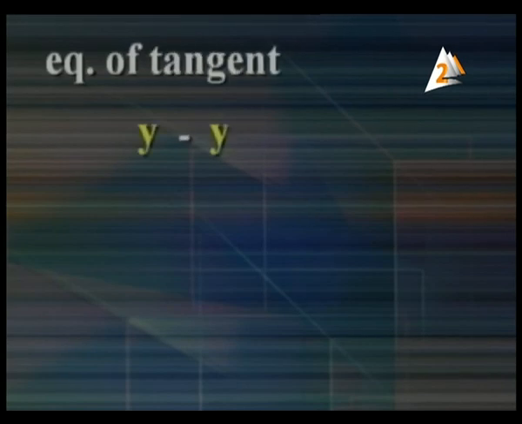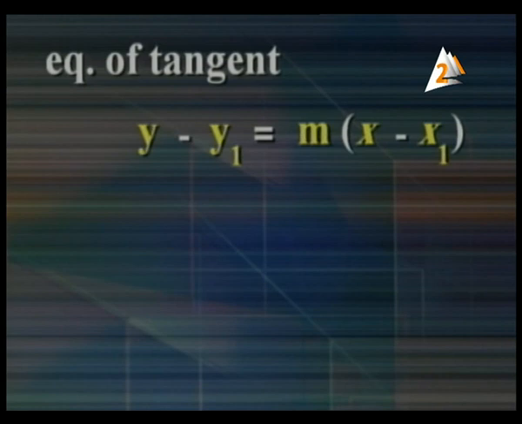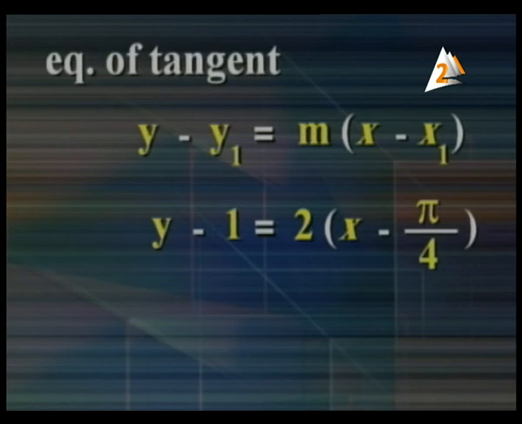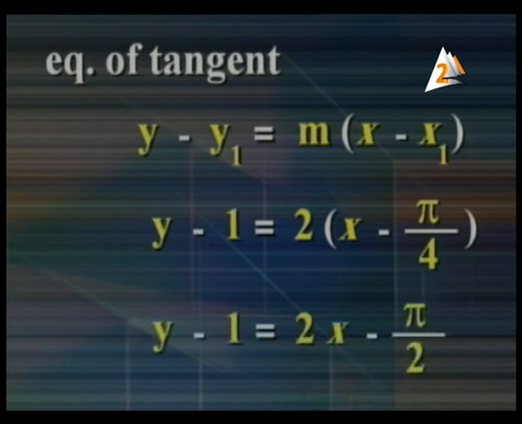What is the equation of the tangent? y minus y1 equals m times x minus x1. Substituting for y1, x1 and m: x1 is pi over 4, y1 is 1 and m equals 2. Therefore, y minus 1 equals 2 times x minus pi over 4, so y minus 1 equals 2x minus pi over 2.